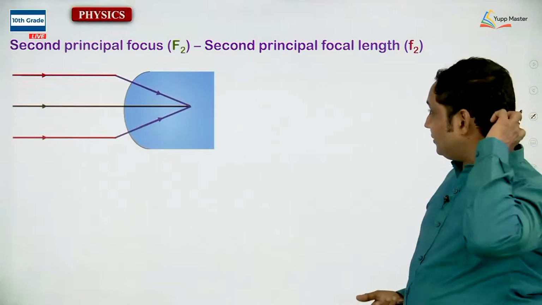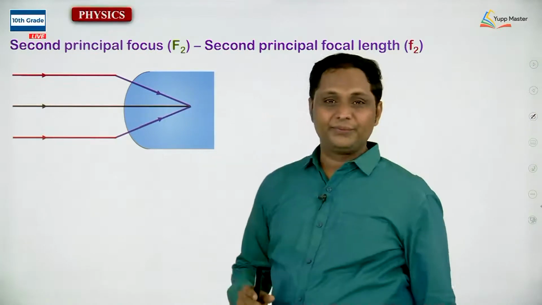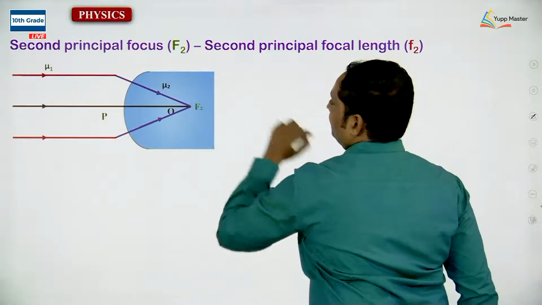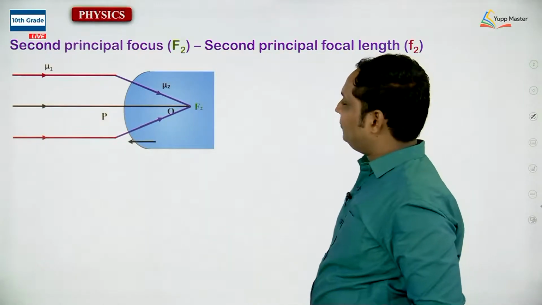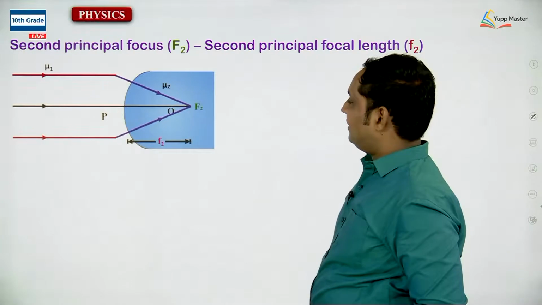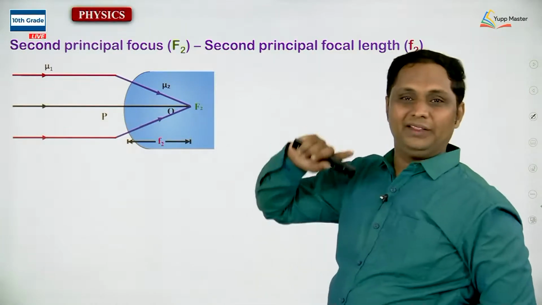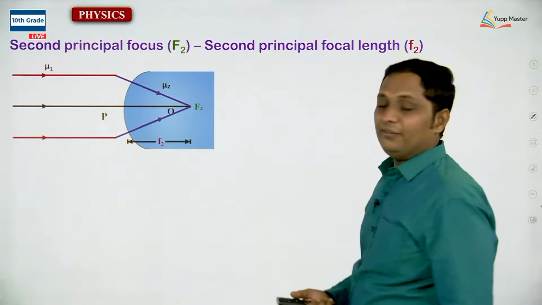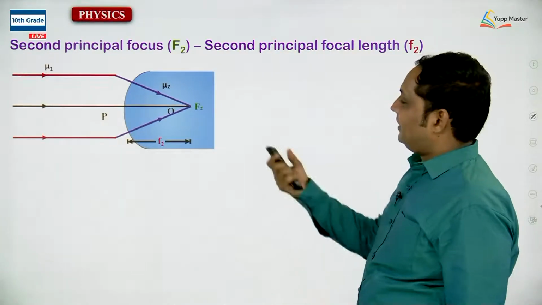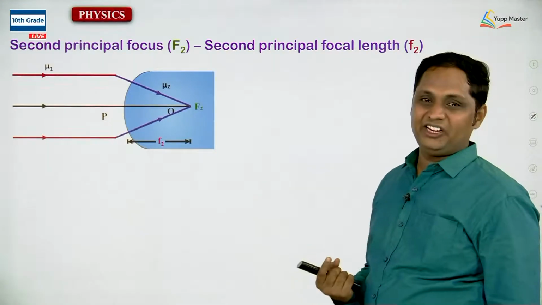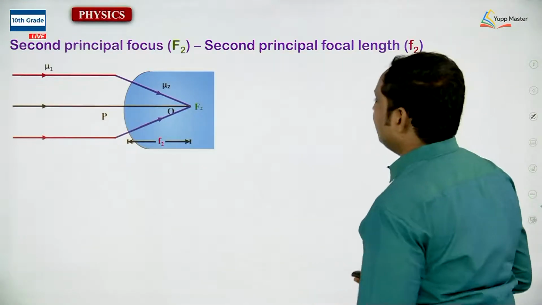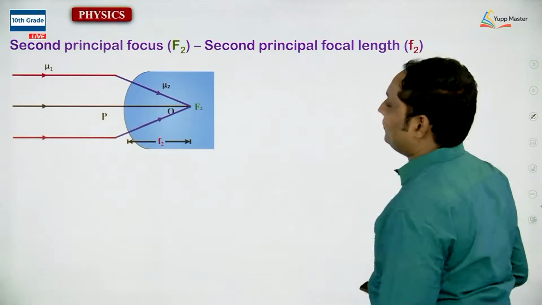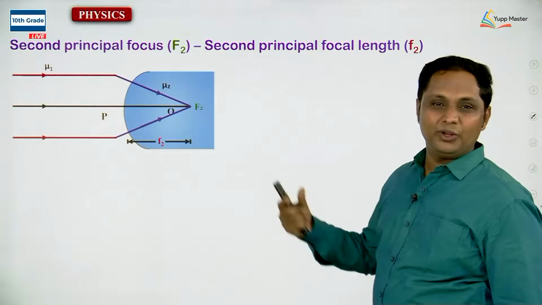You have to see the second principal focus. F2 is the second principal focus, and this is the second principal focal length. You can easily find F2 by using the relation. Let us go for the expression for the second principal focus. It is going to be negative, we just have to imagine.